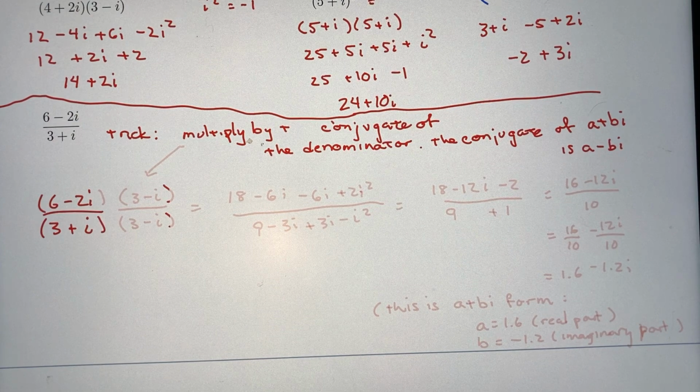And you're not allowed to just multiply it on the bottom. I'm going to multiply it top and bottom. And then I do a whole lot of foiling.